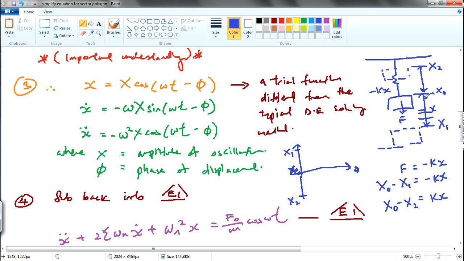Because x naught is the zero point, below x naught is the negative area, so it's negative x. Along this area is minus x.